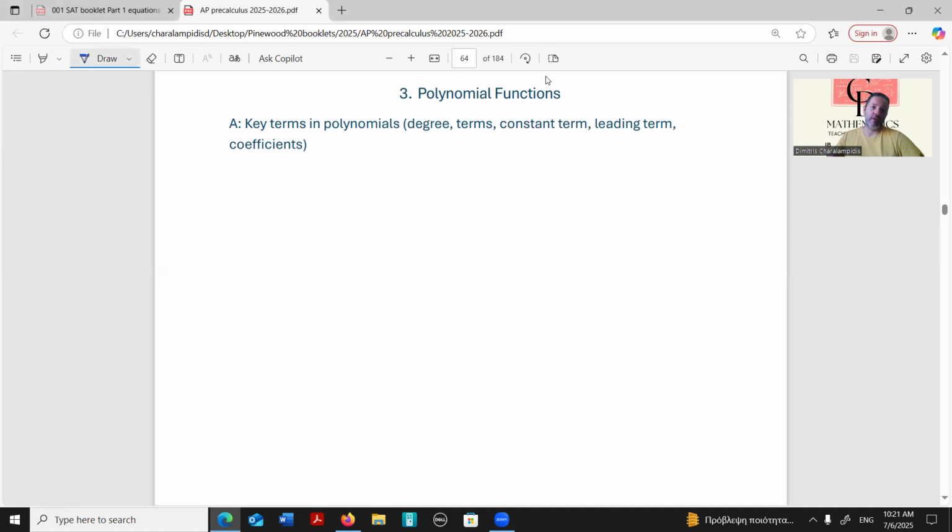Degree of a polynomial, degree, is the biggest power seen in the polynomial's expression.